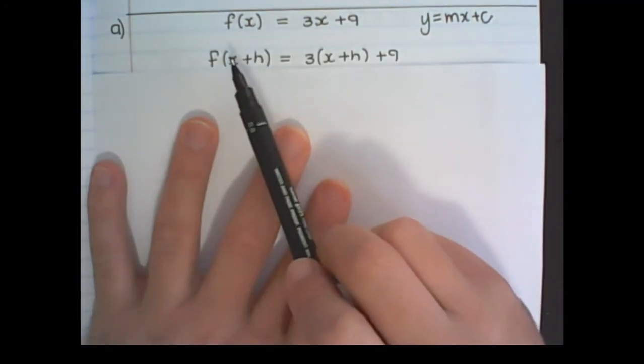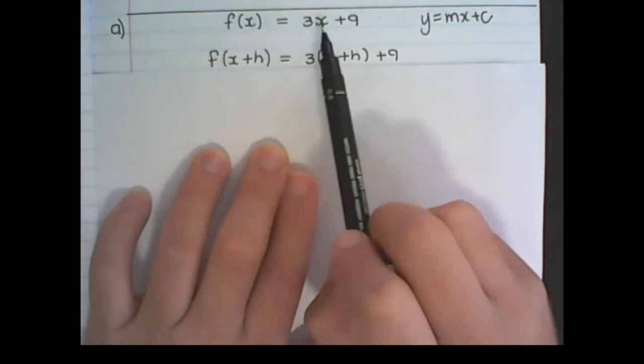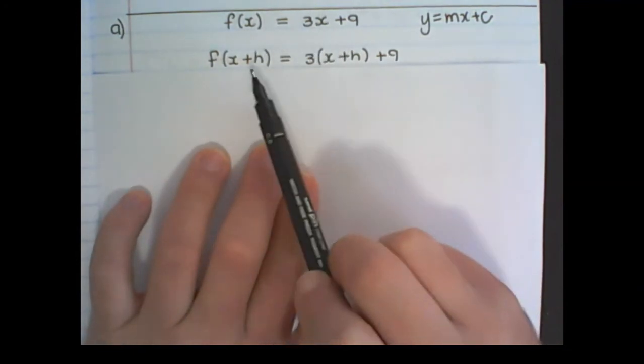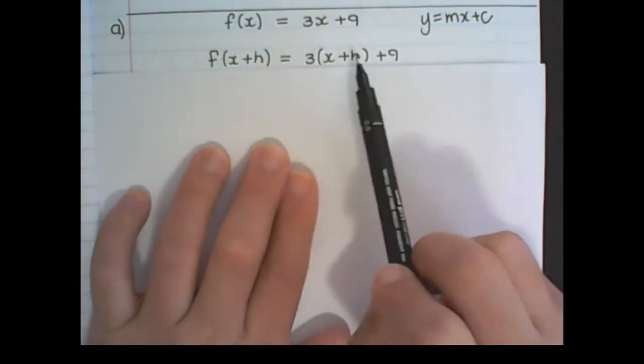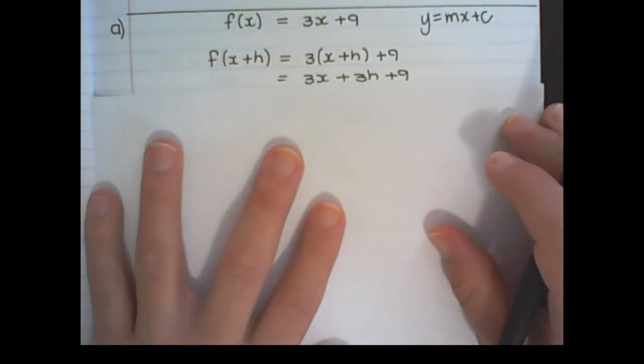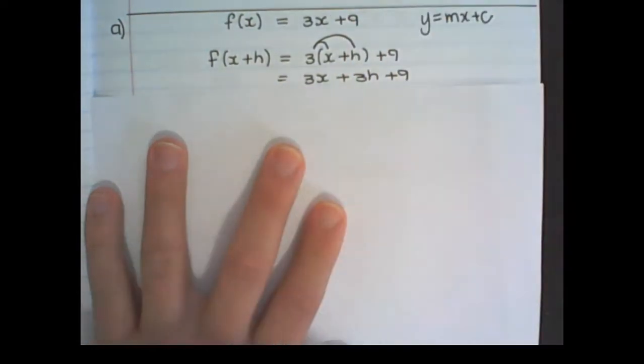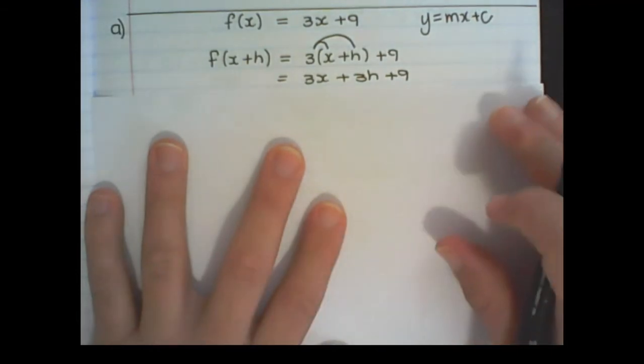So let us first establish f(x plus h). What it means is that in the position of x, I substitute x plus h. My next step is to multiply out. That's 3 times x and then 3 times h, to get 3x plus 3h plus 9.